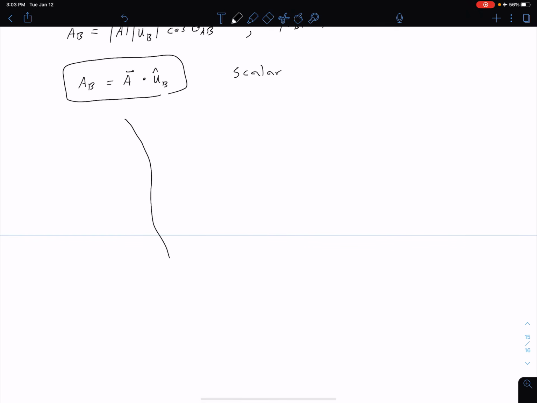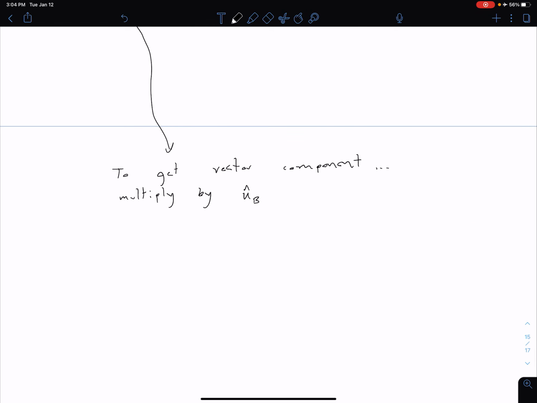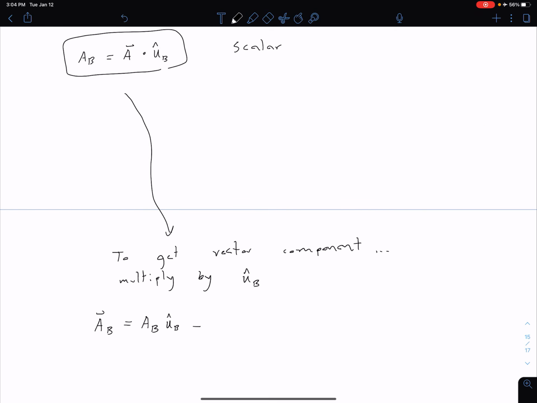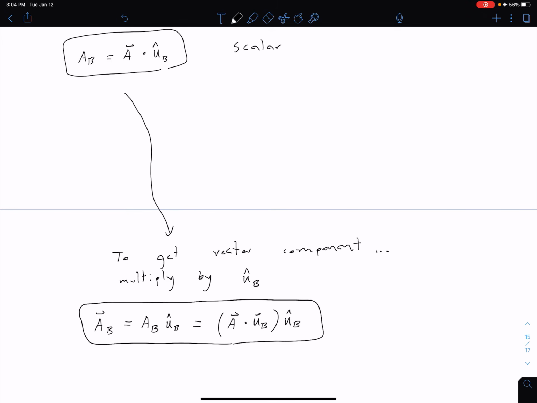So to get our vector component, we just multiply by the unit vector in the B direction, U sub B. What that looks like then is that the component of A along B is equal to A sub B times our unit vector in the B direction. If we substitute the previous equation, we can also write that as vector A dot our unit vector in the B direction, times the unit vector in the B direction. So that's how we define our projection.